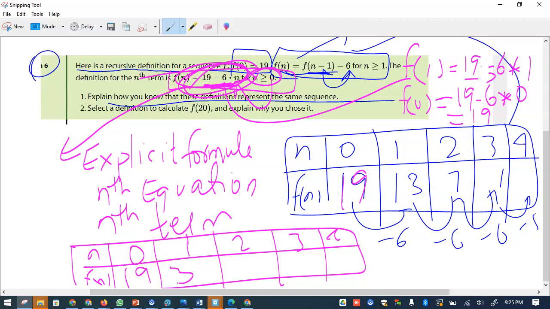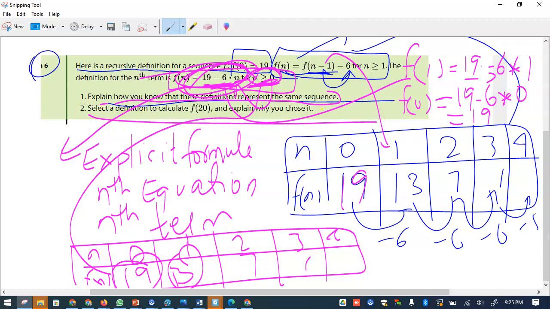So the question is, explain how do you know they represent the same sequence? It's because when you use n equals 0 for the second one, you can see you get the same sequence. It's just 13 and then 7, 1. And then if you use this one, you get the same. So they represent the same sequence. Select what is f of 20.